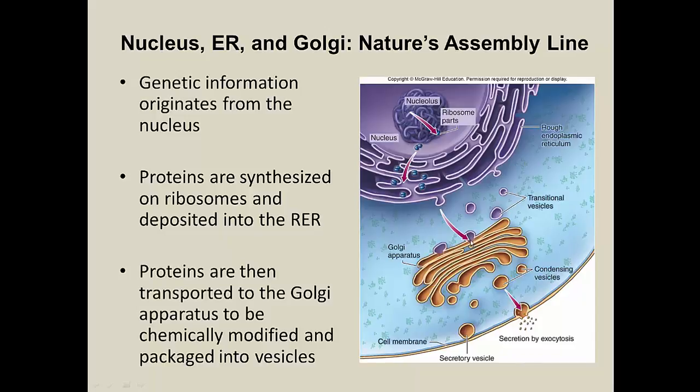And then from there, they fuse with the Golgi apparatus. They migrate through the different layers and are modified and labeled along the way. And as they come out the other end, they are then directed to where they're supposed to go in the cell. So many of these are secreted outside of the cell. So here's a secretion of the product. Some of them are directed back into the cell to be used inside the cell.